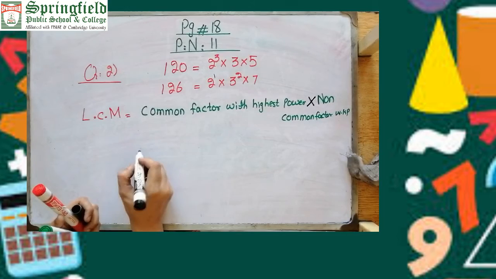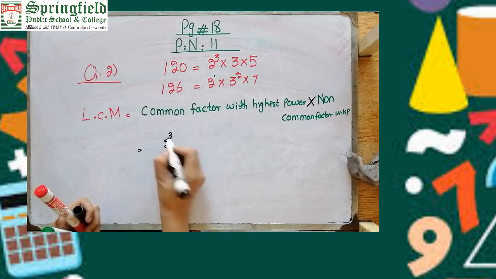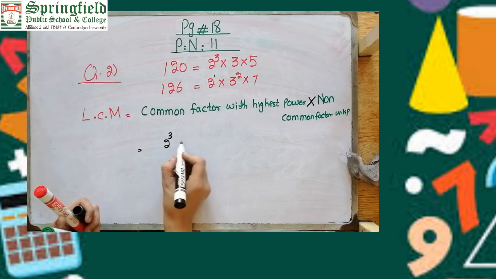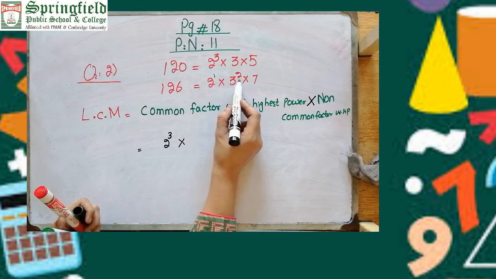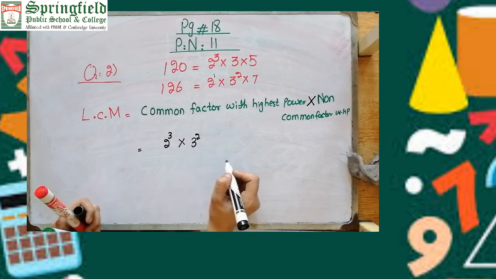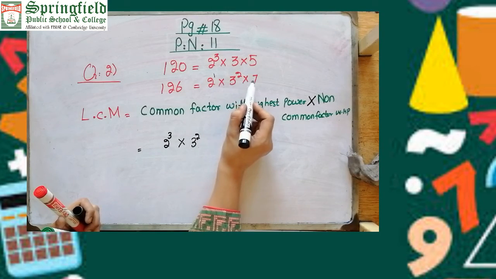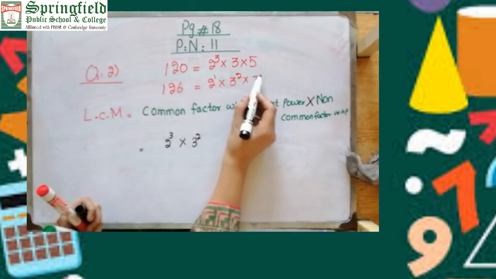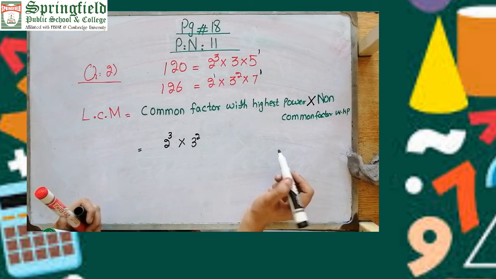So we will write 2 as common with the highest power, 2 power 3. Next, multiply 3 is common and the highest power is 2, so we will take 3 power 2. These are the common factors. And now write down the non-common factors with highest power: 5 and 7, because 7 has power 1 and 5 also has power 1.